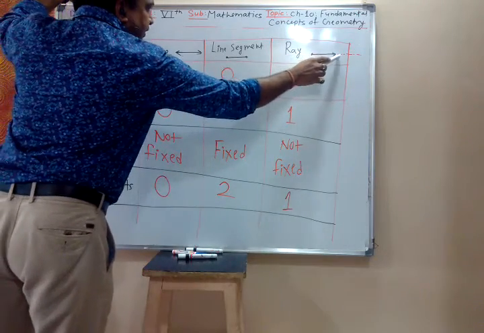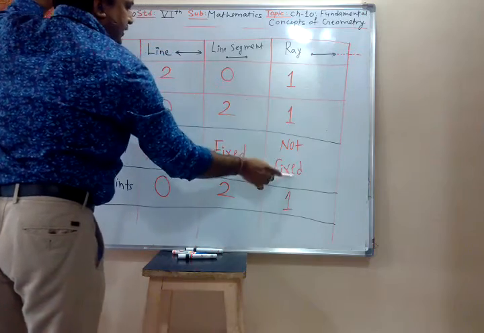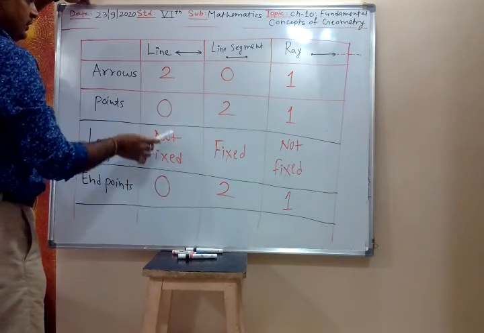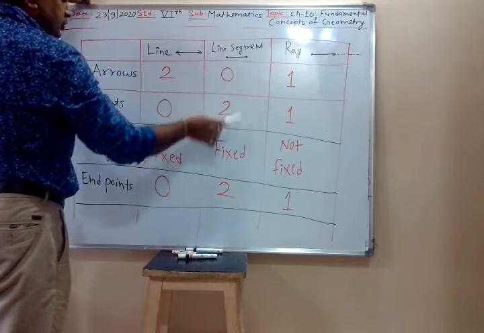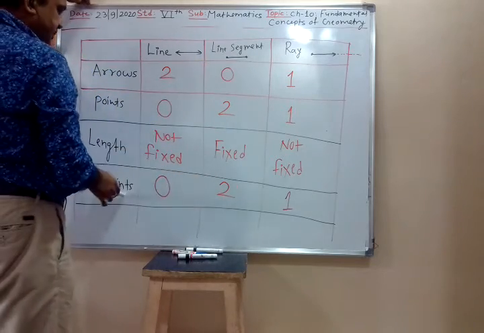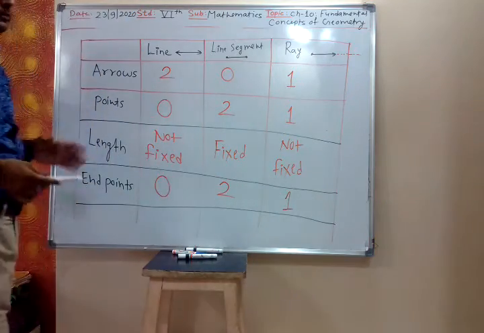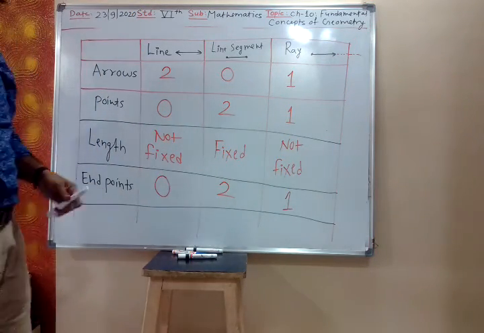A ray can be extended on one side, so it is not fixed. End points: line 0, line segment 2, ray 1. So this table you have to remember.